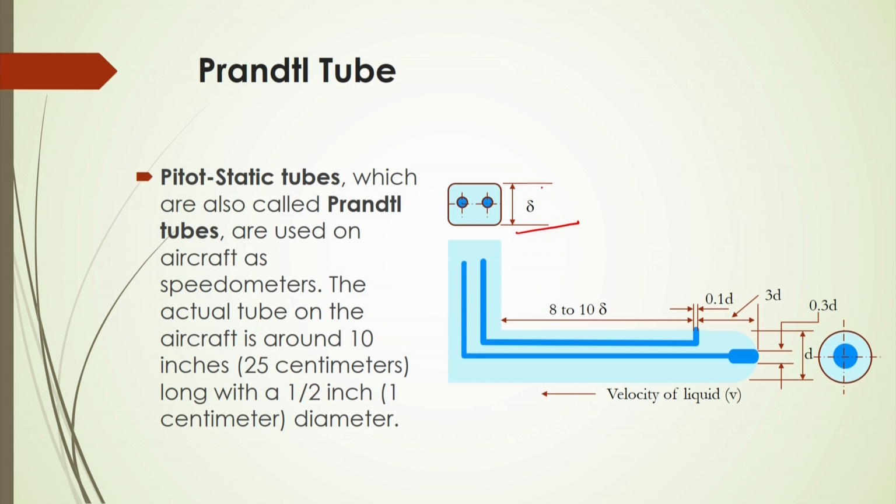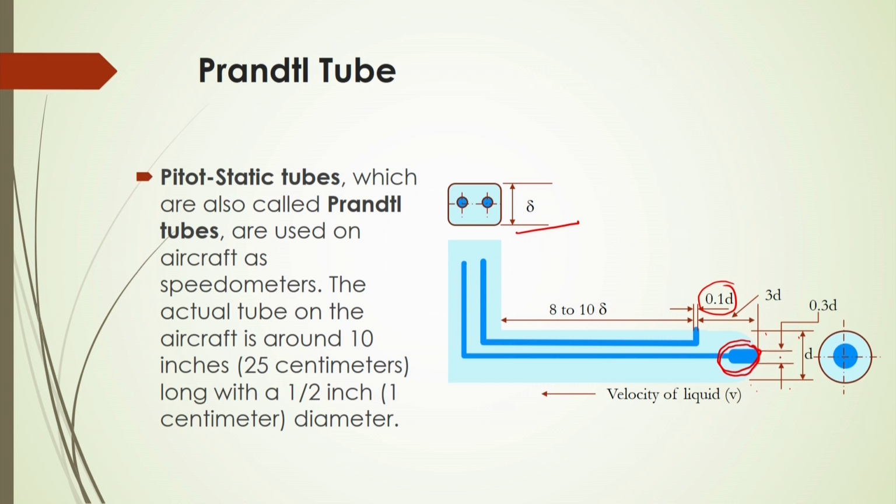Here you will see this is the tube, and through this channel the fluid will be coming out, and the channel width or diameter should be 0.1 into the diameter, and this is the diameter of the tube, and this pipe is the channel through which the fluid will be flowing.